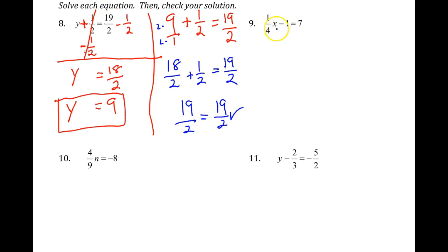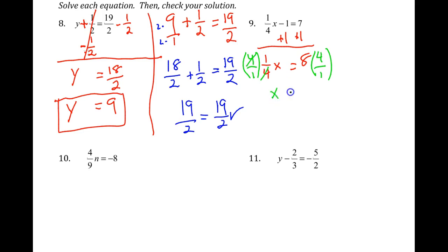Let's see here. Number 9, we're going to start with the addition subtraction first. Let's add 1 to both sides. So we got 1/4 of what number is 8? And then solve by taking the reciprocal of both sides, multiplying by both sides. 4's cancel out.